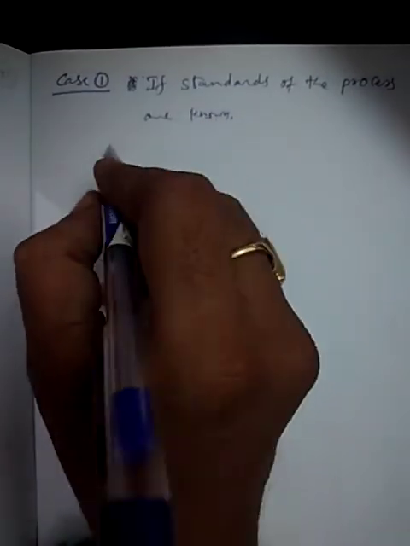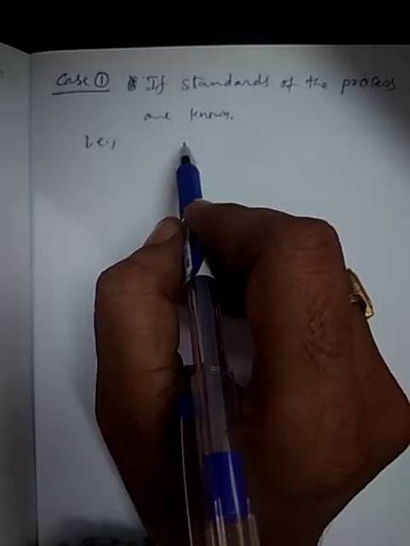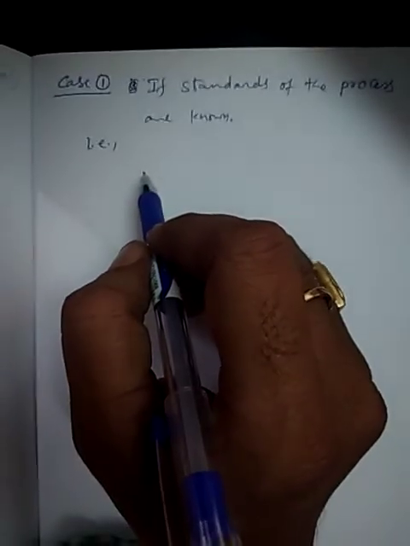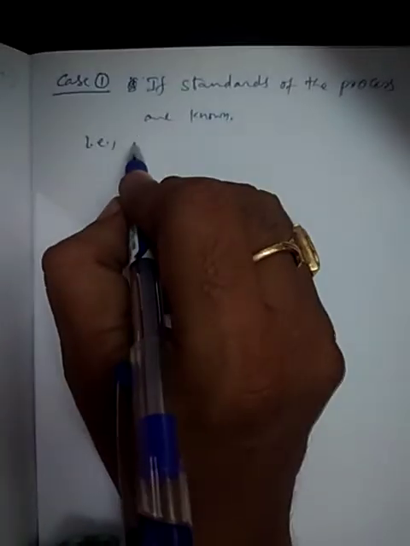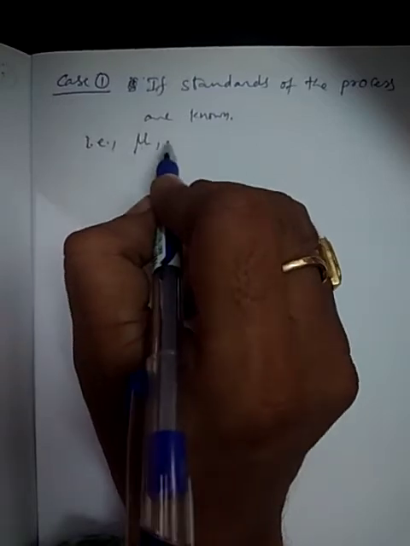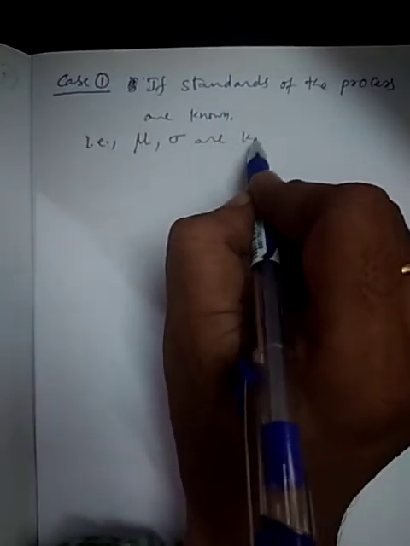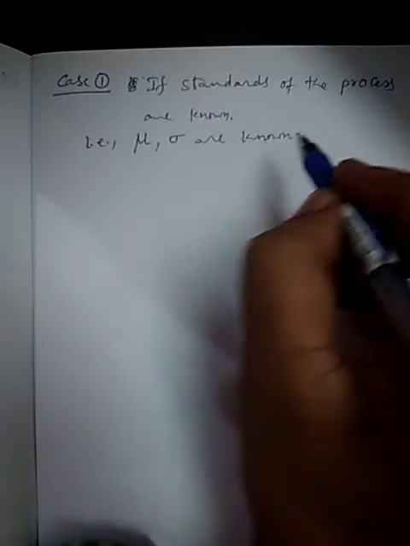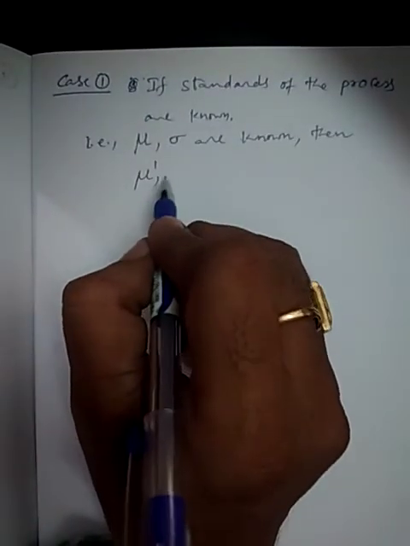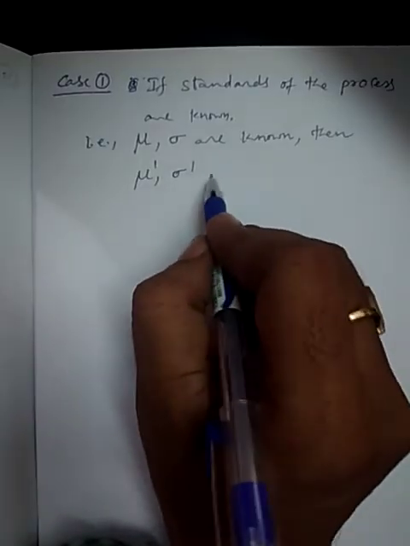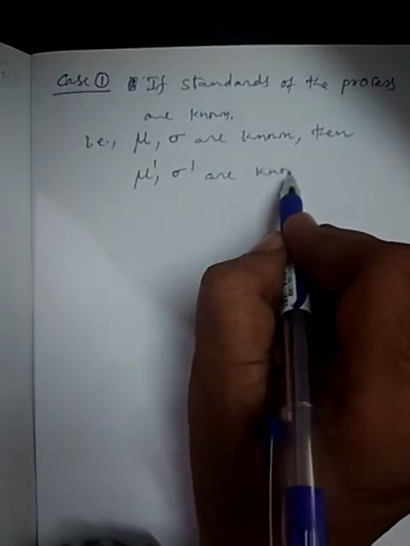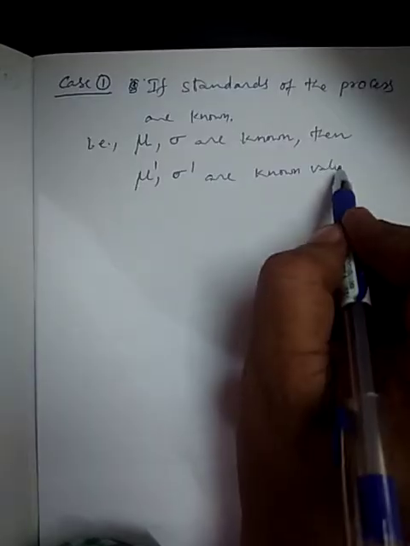What are the standards of the process in this case? Mu and sigma. Therefore, mu and sigma are known. Then specify mu dash and sigma dash as the known values of mu and sigma.